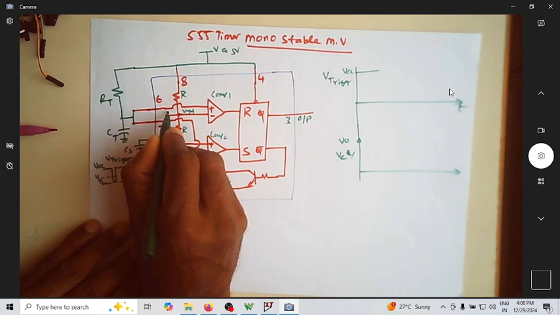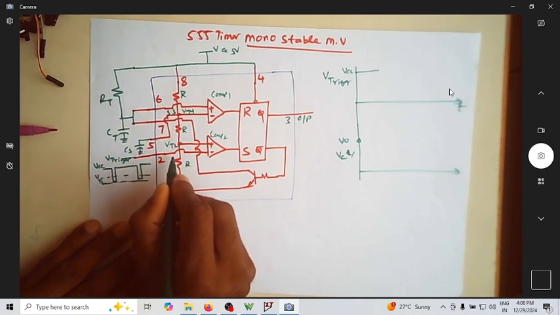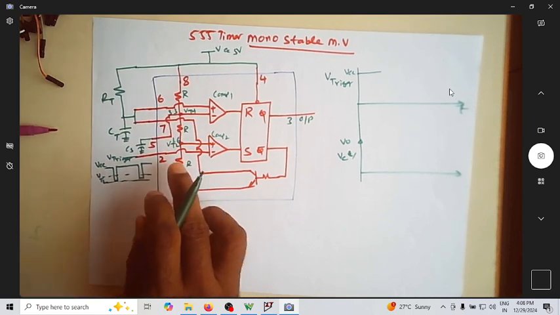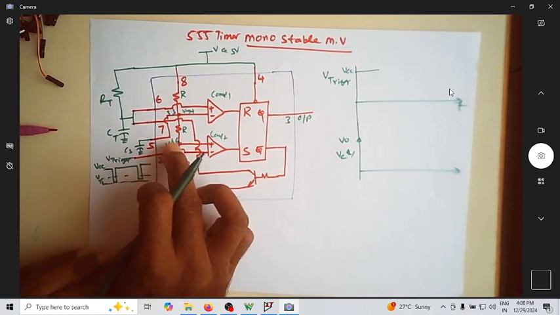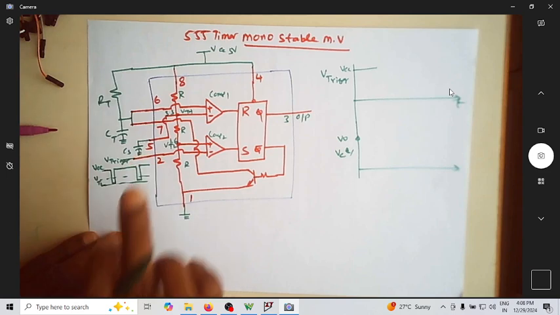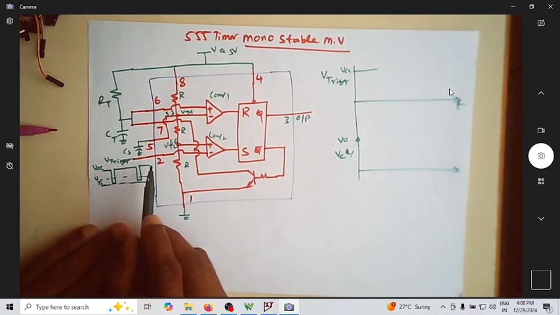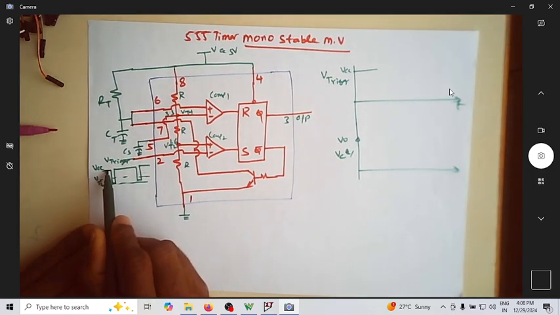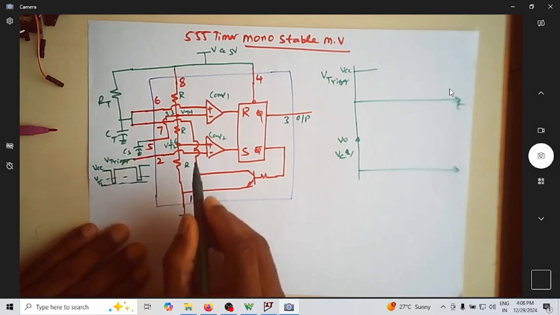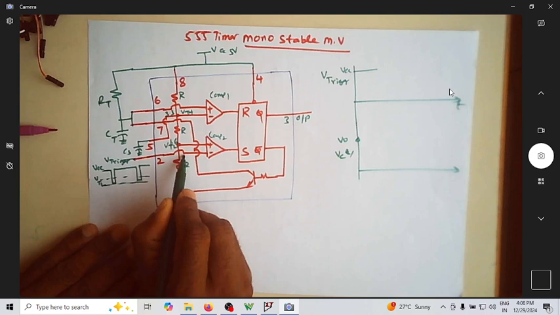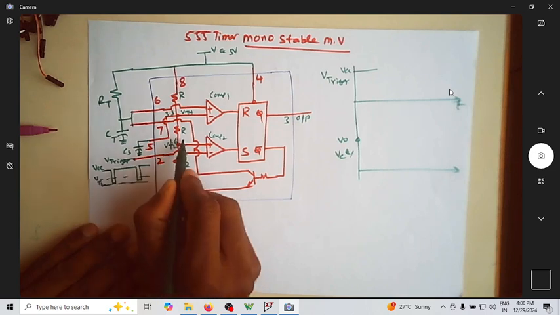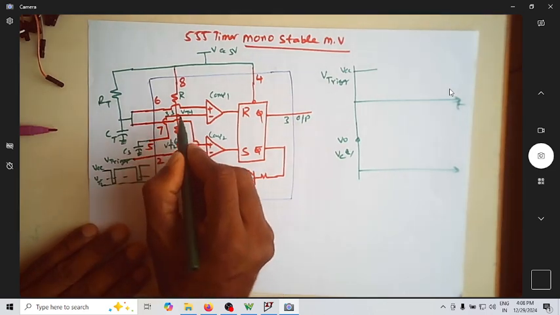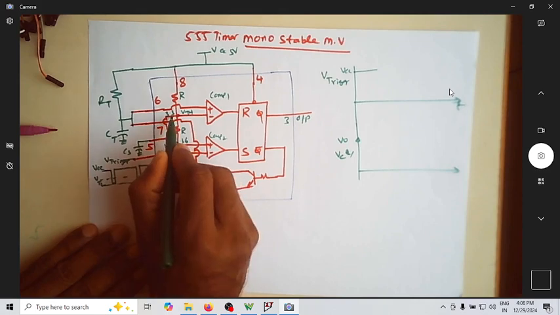So at this point you have 3.33 volt, and here you have 1.66 volt, because 1/3 of VCC is 1.66, and 2/3 of VCC is 3.33 volt. So when the V trigger is 5 volts, just assume that here you have 5 volts, here it is 1.6, and here it is 3.3.